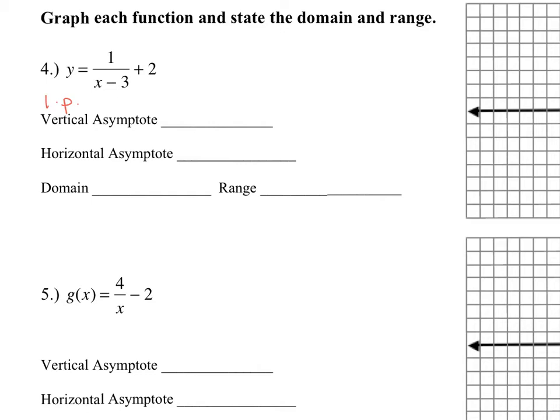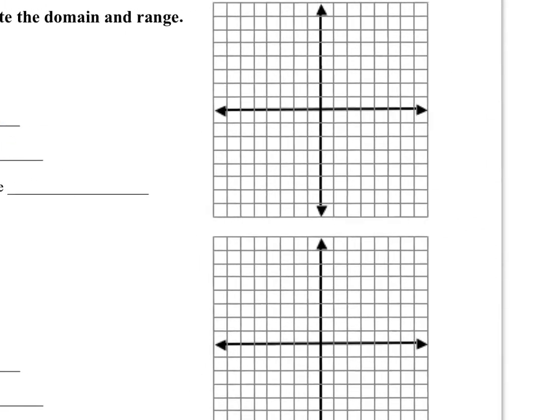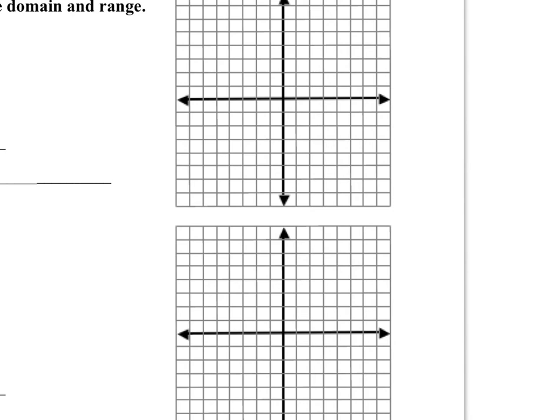So the locator point for this one would be 3, 2. So the vertical asymptote is x equals 3. Horizontal is y equals 2. Again, keep in mind that I'm getting those because these are the values of those locator points, 3, 2. So the x is 3, y is 2. There are your two asymptotes. So I'm going to plot those 2 points, or those two asymptotes. So 3, 2.